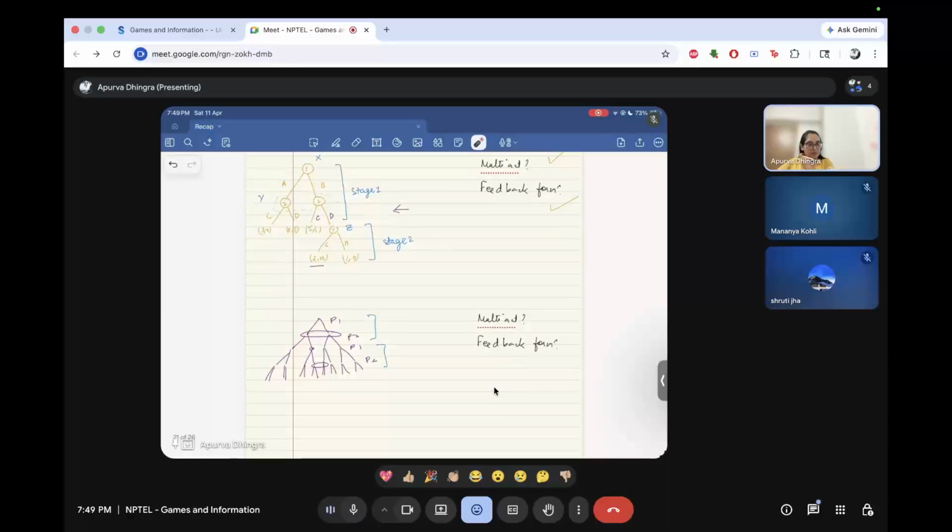What about this one? Is it multi-act? Is it feedback form? This next example. This is multi-act because players are getting to play in each stage, exactly once. That's not an issue. For it to be feedback form, here there should be singletons.